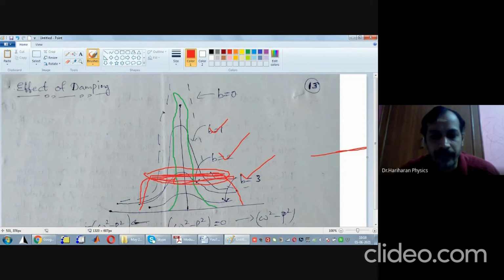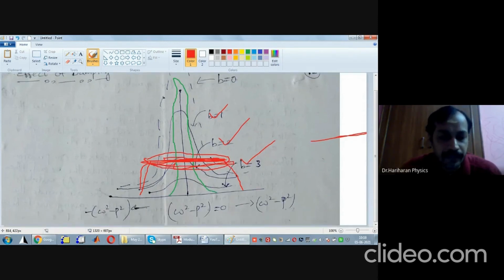Therefore, sharpness of resonance is inversely proportional to damping. It gives you the ability of the vibrating system to vibrate despite the presence of damping force. Okay, this is done.